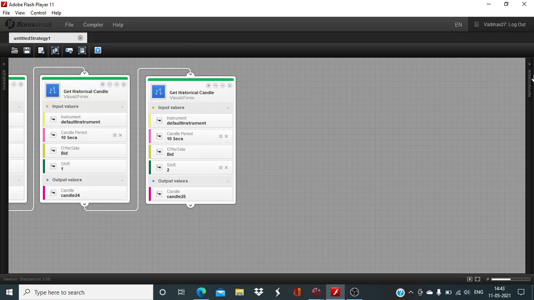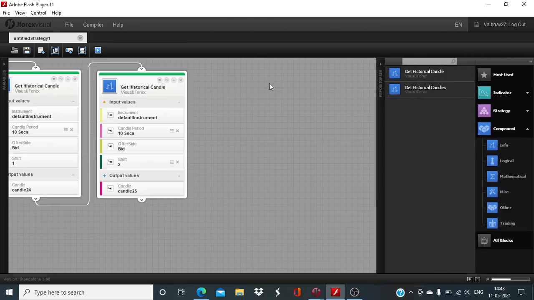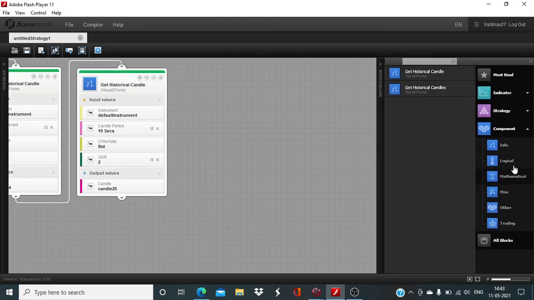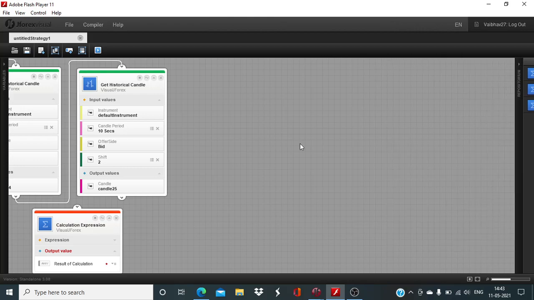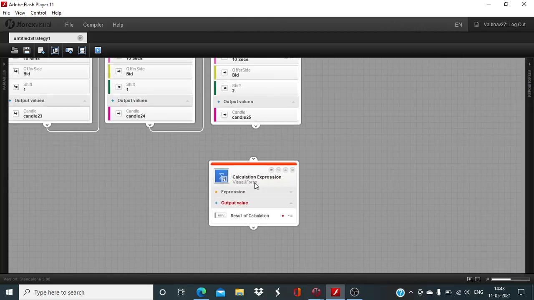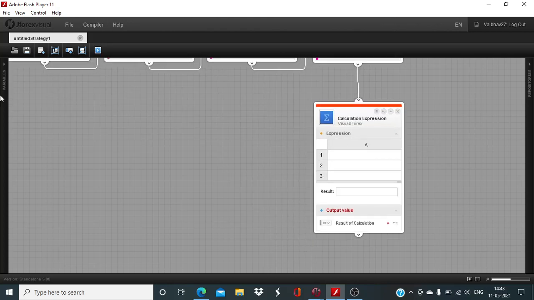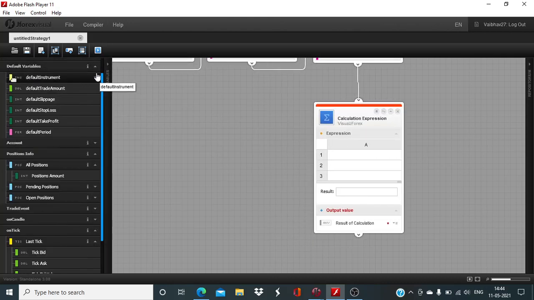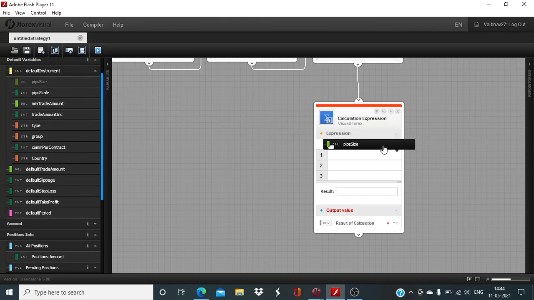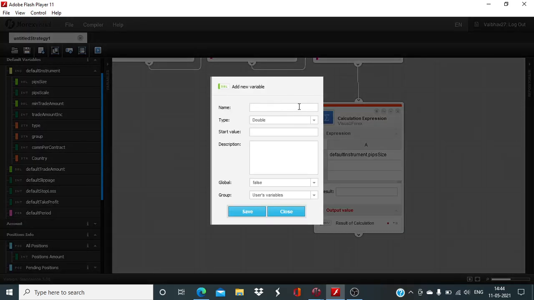So for that I will have to take a mathematical component, and this is fairly easy. Default instrument pip size to be multiplied by a new variable with the start value of 5.